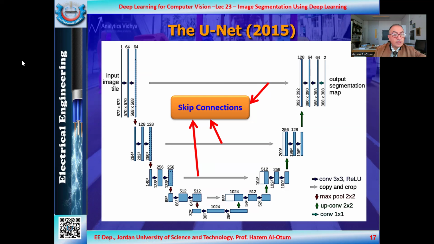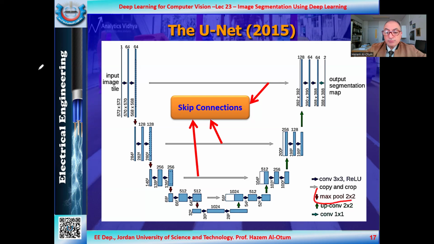If you look at the symbols used in this case, this arrow is convolution plus ReLU, convolution plus ReLU. Here, the skip connection is copy and crop. So we send from the encoder to the decoder the same layer. We use just add or concatenate, and we need copy and crop. Copy and crop is just to keep compatible sizes between the concatenated layers or channels.